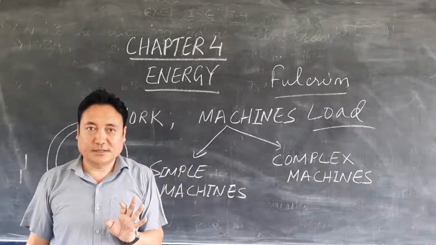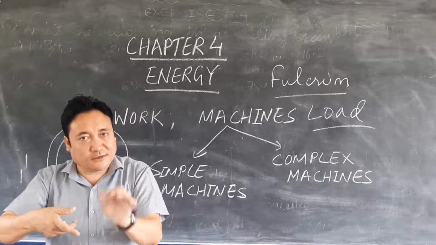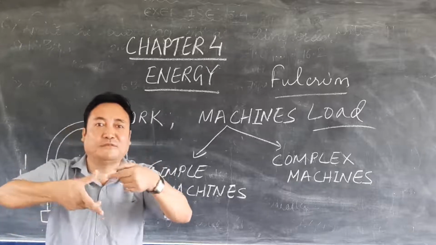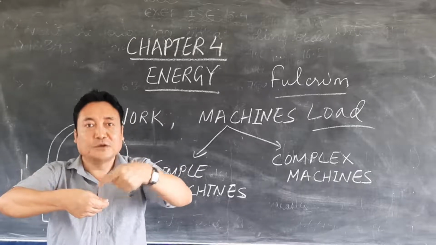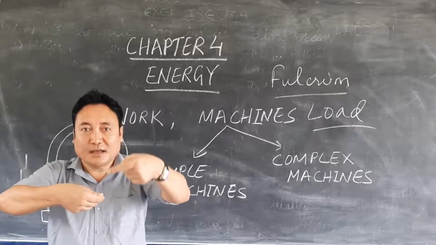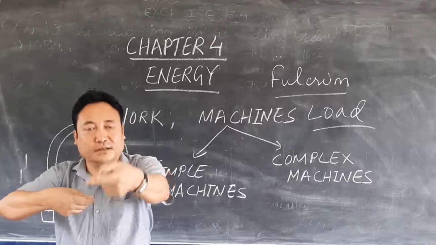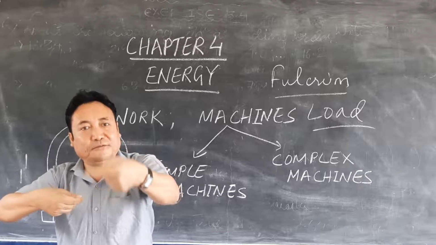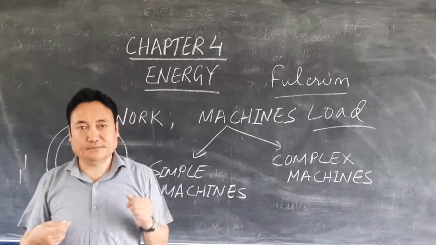That is the load. And effort means a force. Effort is the force that you apply from your finger. When you move your finger, you are applying a force on the scissor. Then the scissor will apply more force on the cloth or paper, and therefore the cloth or paper will be cut into the desired shape.